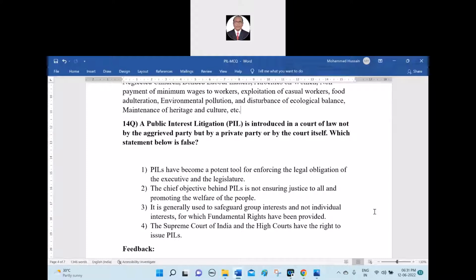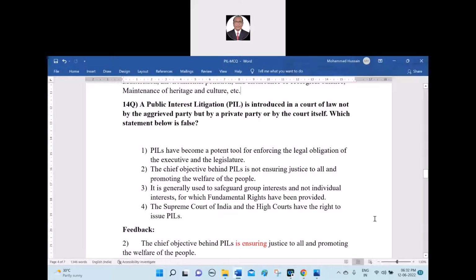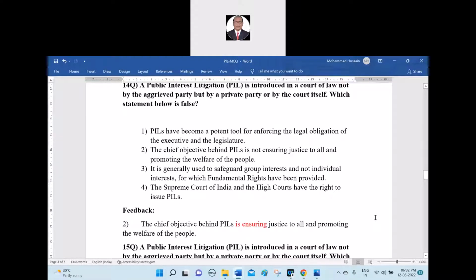Yes, I think that is the one, because other things are very related to a PIL. No, not one. Because I gave it in the feedback. Number two, I used not there. Did you see it? Here, not ensuring the justice. No, PIL is ensuring the justice.